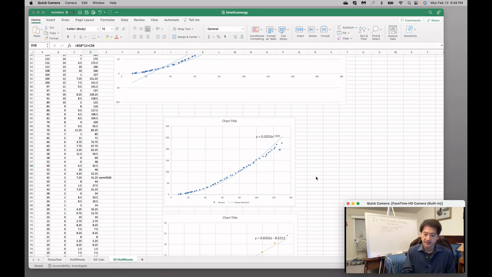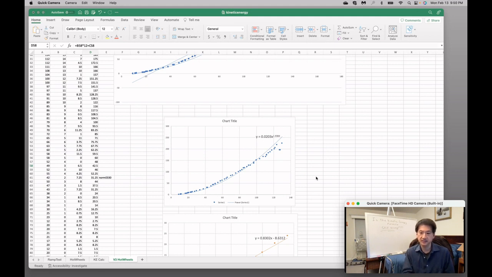That could be an effect of friction. But once again, the point of this series of videos is to just show how you can do experiments, and to show that you can actually do an experiment that's trying to directly test whether the kinetic energy formula is true, because this whole thing was motivated by the fact that there weren't any videos on YouTube that actually tried to directly measure the kinetic energy formula by just measuring the velocity and then trying to find a proxy for the kinetic energy.